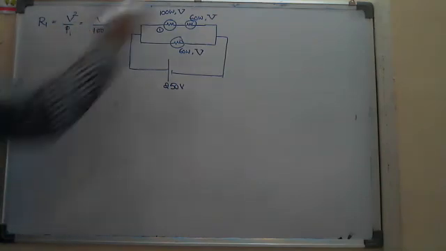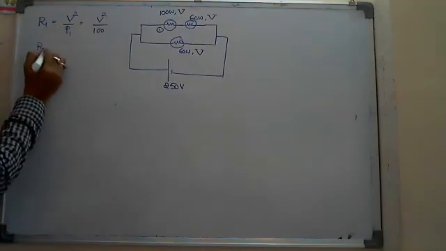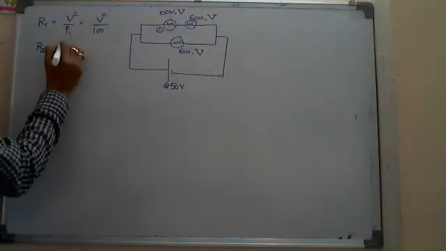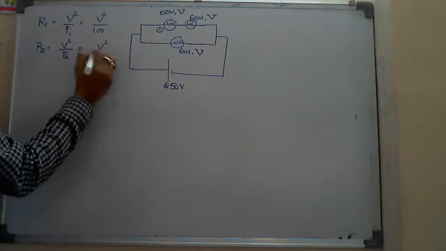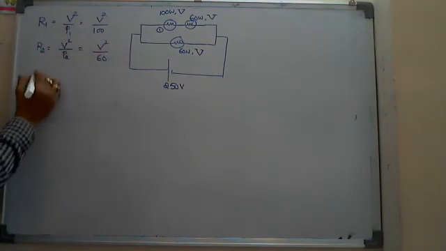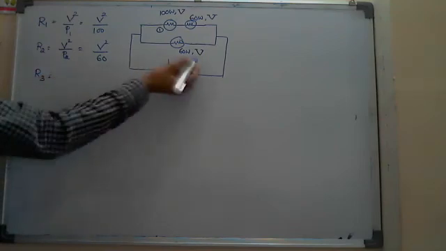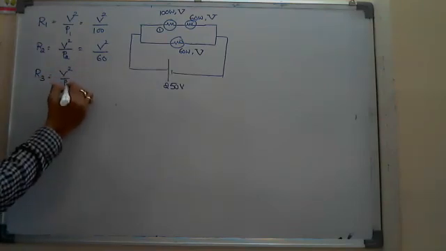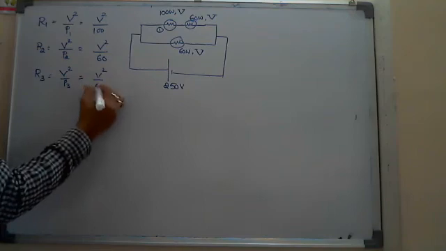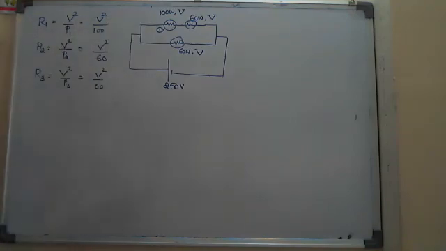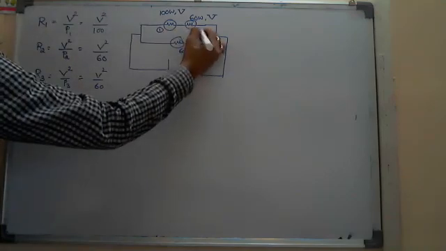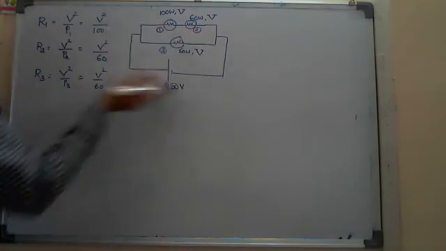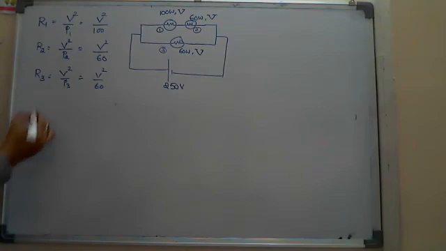Similarly, R2 is equal to V square by P2, that is V square by 60. R3 is again V square by P3, that is V square by 6. Here the bulbs we are converting into resistors.